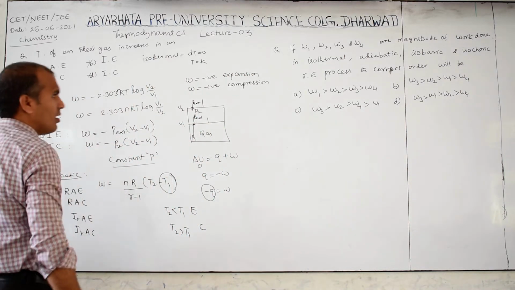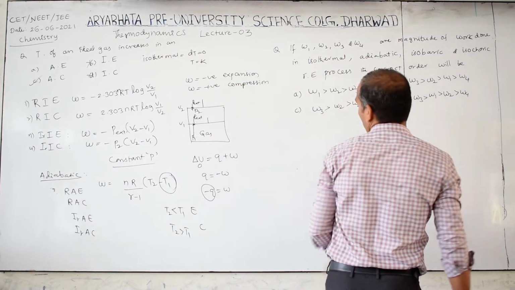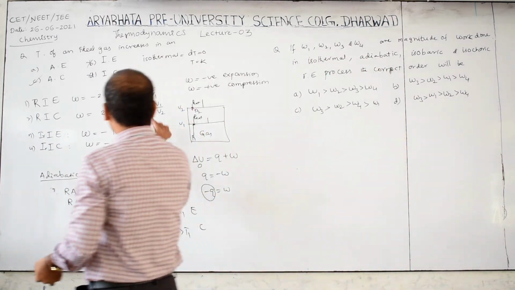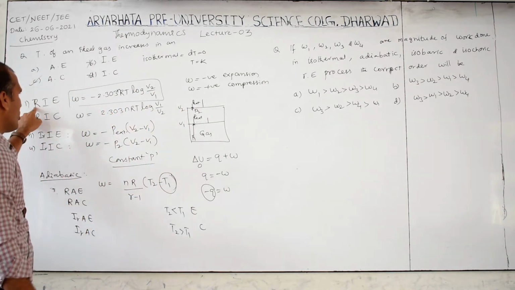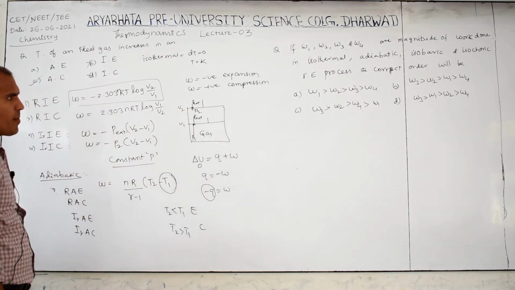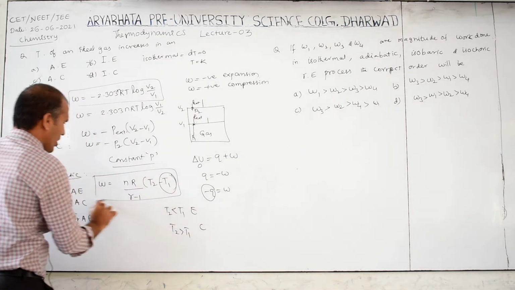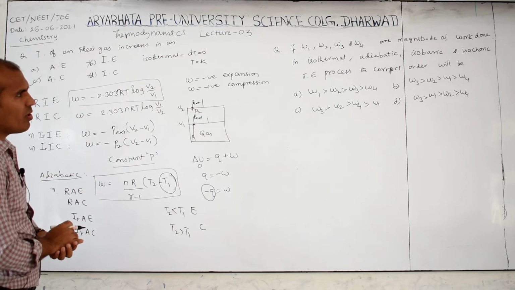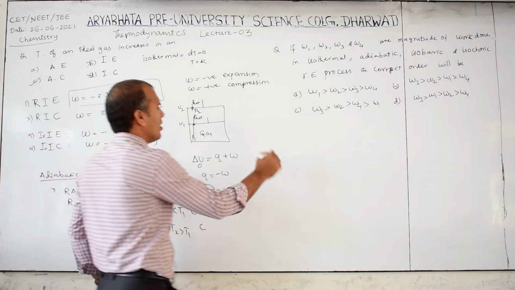Now consider. Here, isothermal and adiabatic formulas are there. This is the formula for reversible isothermal expansion. Next, the adiabatic formula. Isobaric and isochoric formulas are not there, so I will give them here.